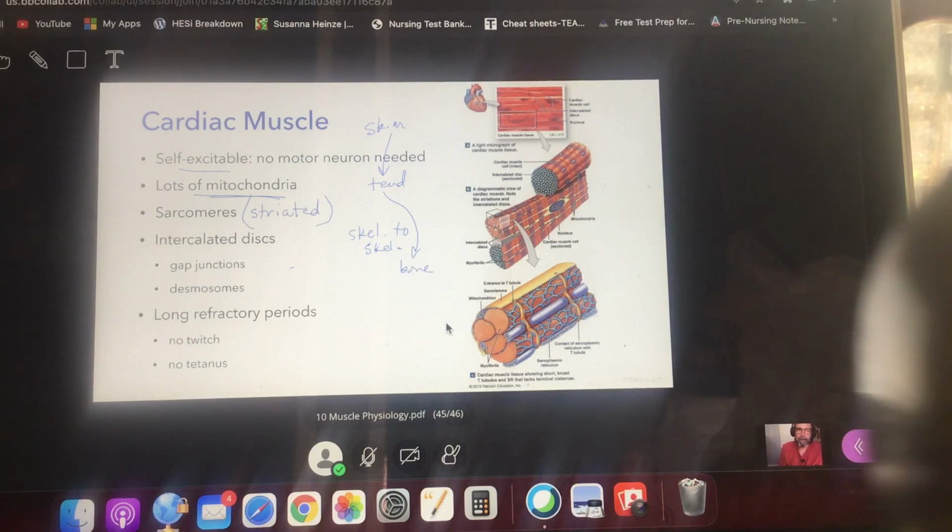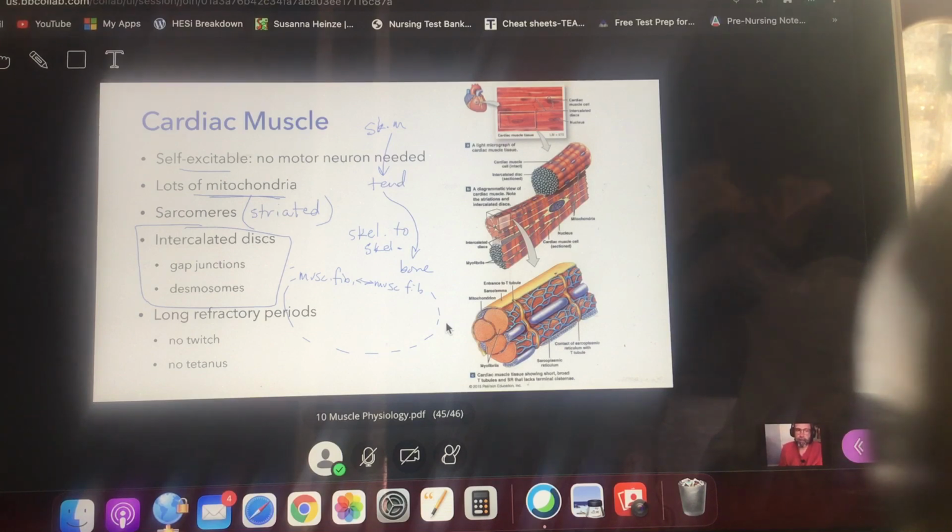Okay? Cardiac muscle cells attach to other cells. You have muscle fibers attached to muscle fibers all the way around the heart, and it makes this kind of cylindrical shaped organ that fills and pumps with blood. It does not attach to bone.